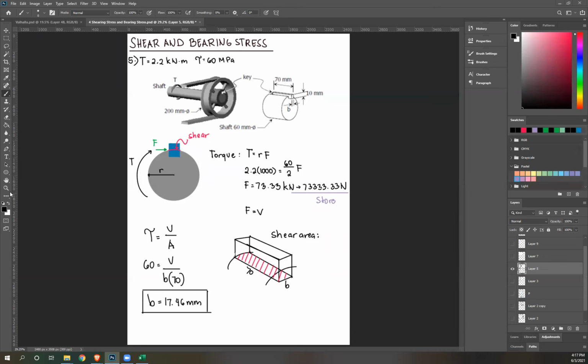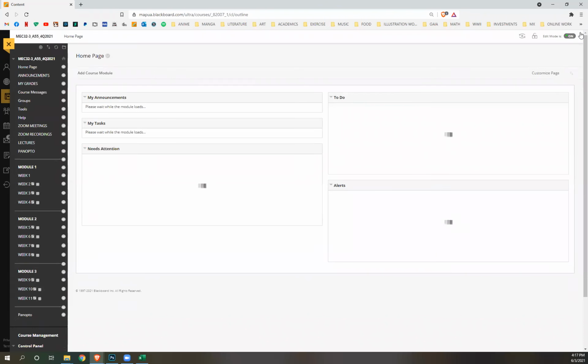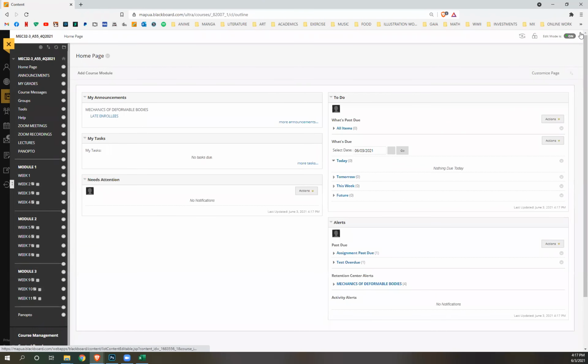I'm going to show you where your seat work will be shown. Okay, let's wait for it to load. So typically, your seat work will be seen here in week 2.